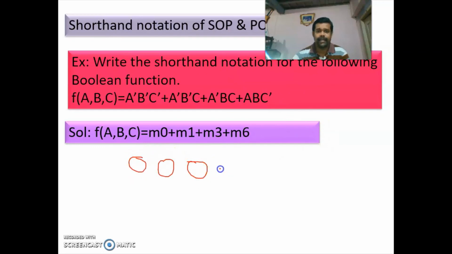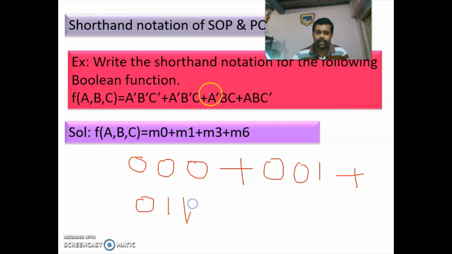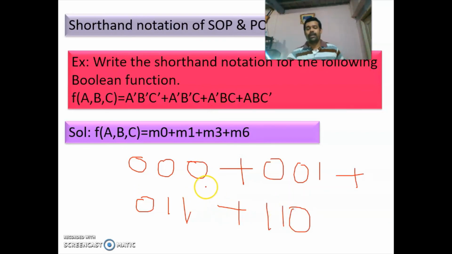How many variables? 3 variables. Then A bar, B bar, C is 0, 0, 1, plus 0, 1, 1, that is A bar, B, C. Next 1, 1, 0. So now we have written the binary values of the given expression.